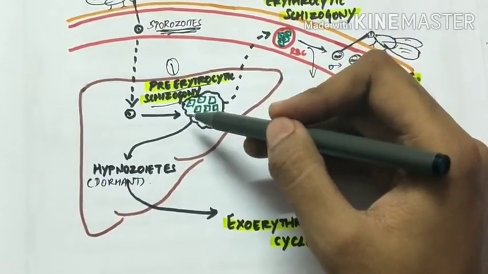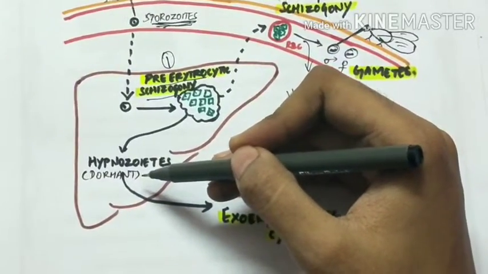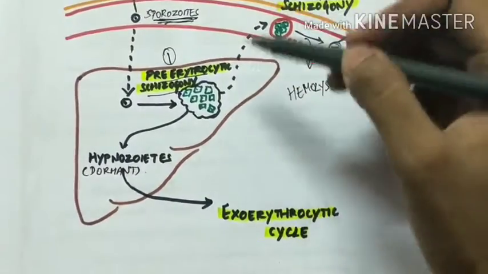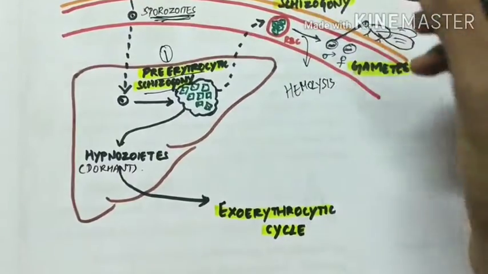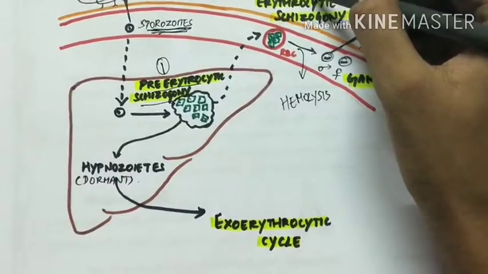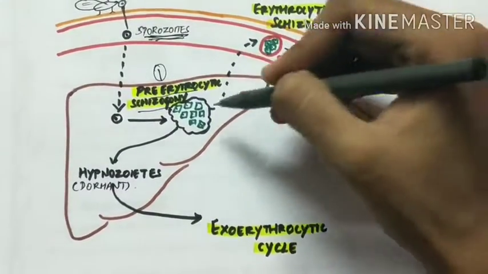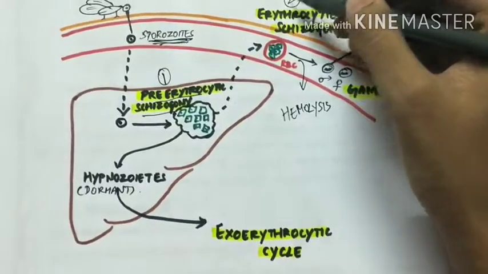And a few of them become hypnozoites, that is, they become dormant. Others enter the erythrocytic schizogony state, that is, they enter the RBCs in the blood from the liver. This is the second stage.